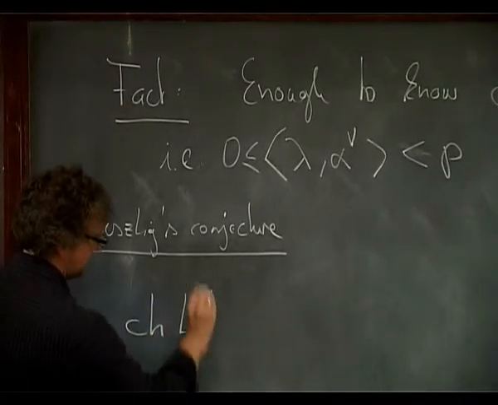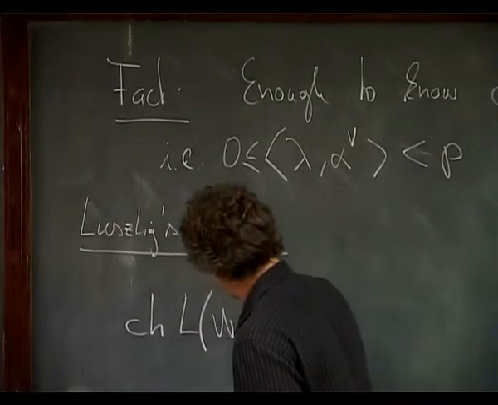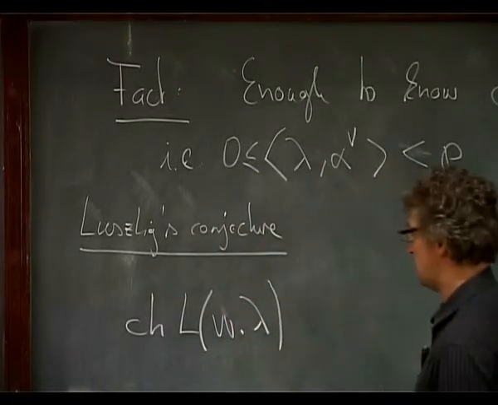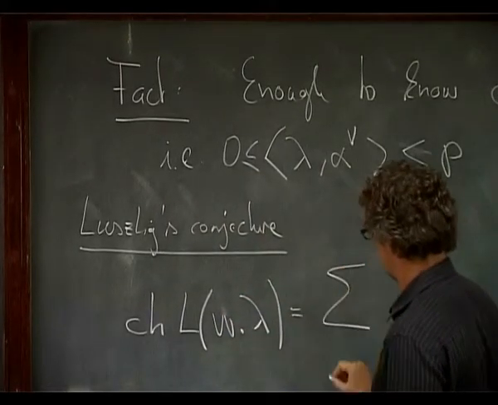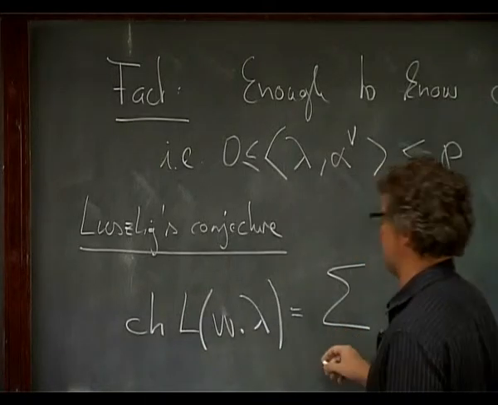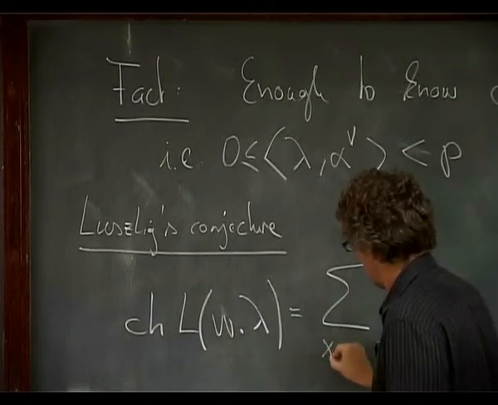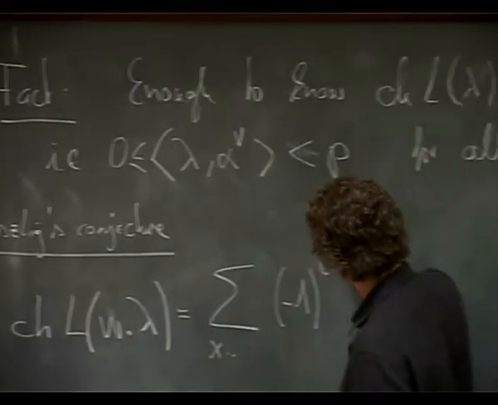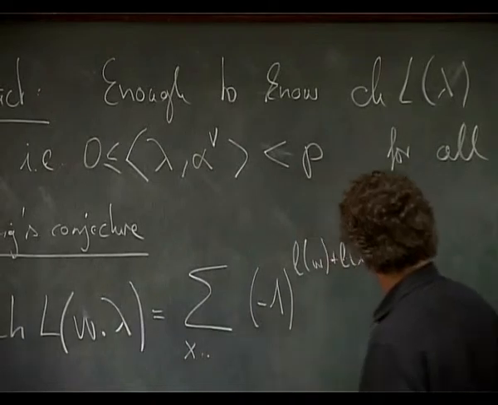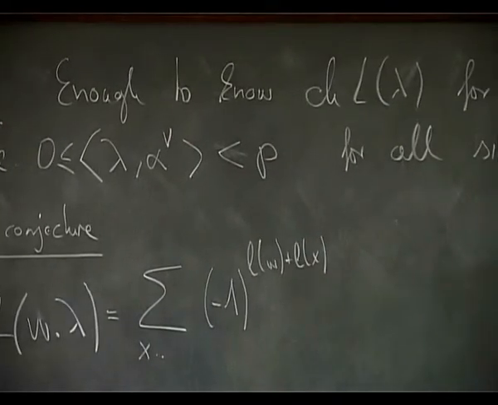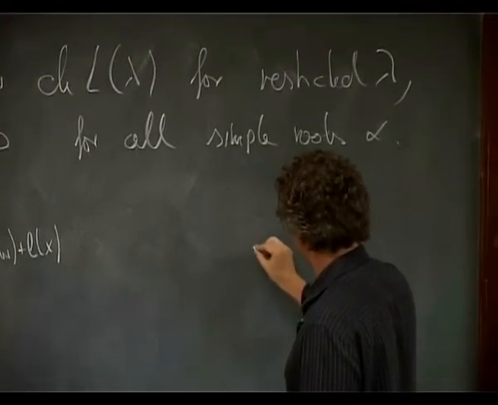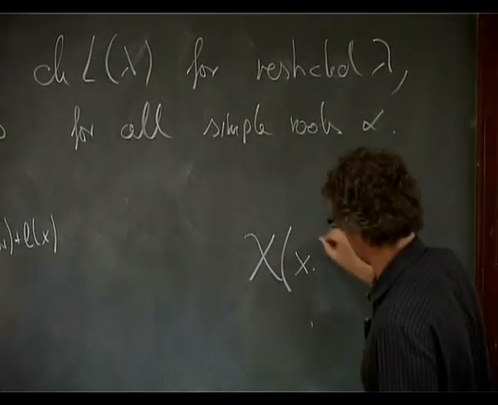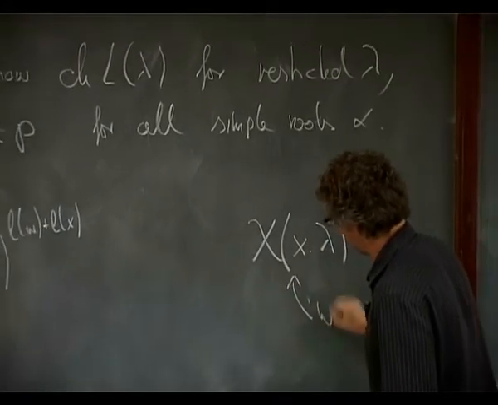But let me just write it down so that you have seen that the character of L(w dot lambda) should be given as a formal sum. Not a formula, as a sum over certain x. It's an alternating sum. There's a sign, and then there's the so-called Weyl character.